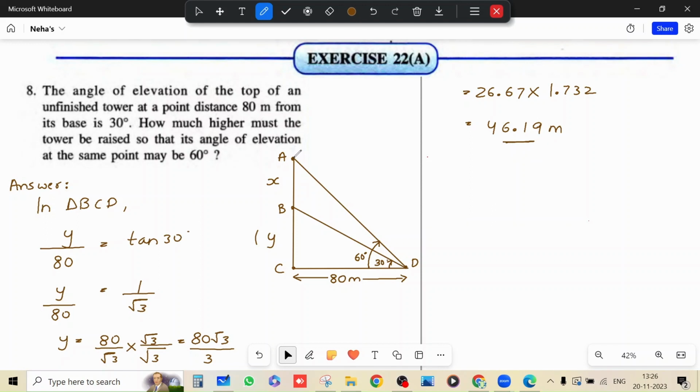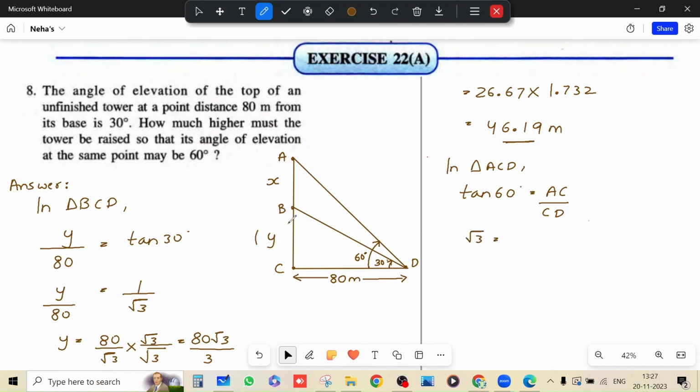Now in the triangle ACD, the value of tan 60 degrees is equal to AC divided by CD. Tan 60 degrees is equal to root 3.